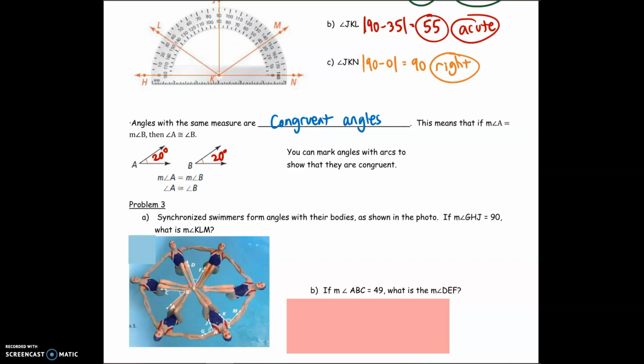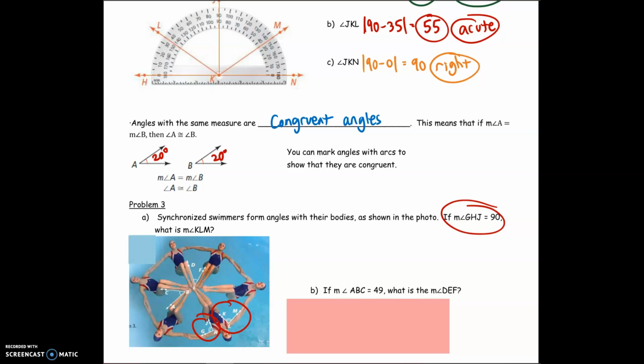And we can use that forwards or backwards if I already know that the measurement of one angle here is 90. We're going to see markings like this too. It looks like in this figure, the measurement of GHJ is 90. GHJ looks like it's the angle right here. If I'm trying to find the measurement of angle KLM, notice that they're given little markings, a lot like our congruency markings for when we had our segments.